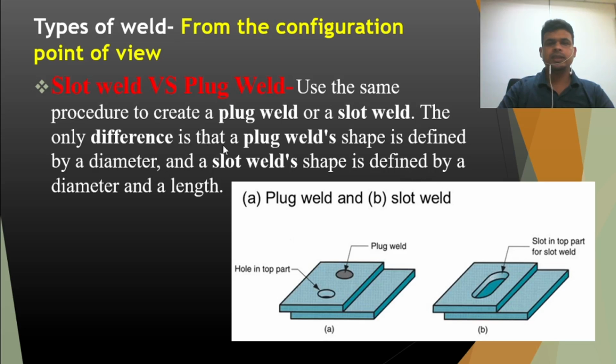The only difference is that the plug weld shape is defined by diameter, so when the shape is circular, this is the plug weld. The slot weld is defined by diameter and length. So this is diameter plus length, and this looks like the slot weld.